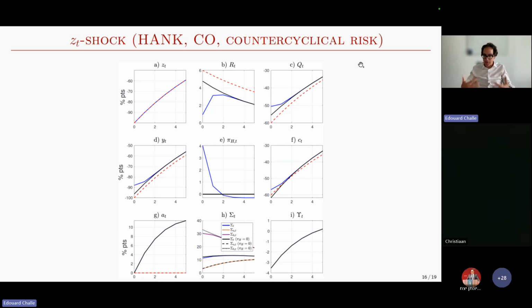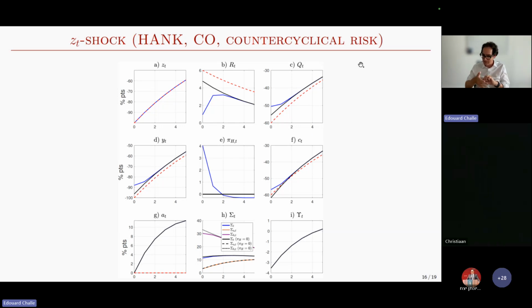You stabilize the exchange rate, you stabilize output, you're more accommodative in response to this shock. So you can see that the real interest rate in panel B increases less in the blue line. And the cost is inflation. It's the typical situation where there is a trade-off. You can't have it both ways. If you have less of a recession, you're going to have more inflation, and that's the blue line in panel E. Now you could ask yourself, what would happen if you're in HANK, but you think you're in RANK, and you implement the optimal policy in RANK, that is the policy of price stability, whereas you're in HANK.